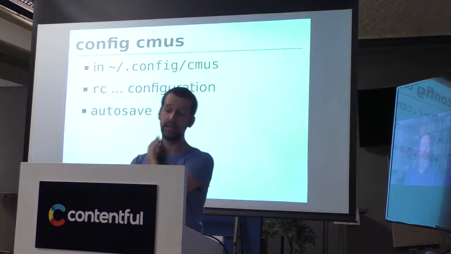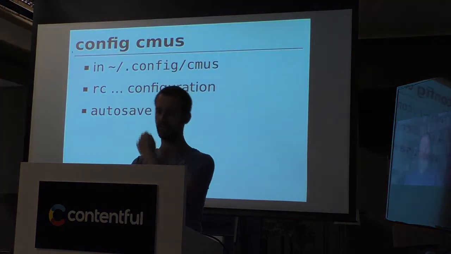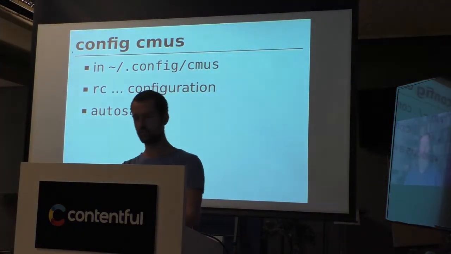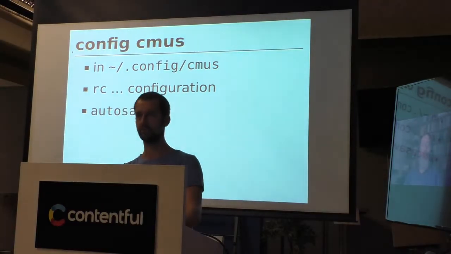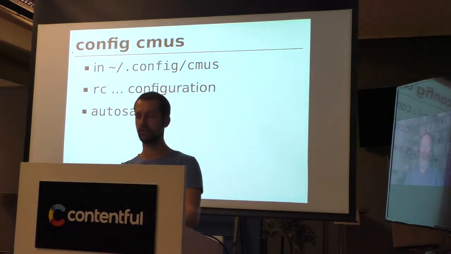Okay, so yeah, when you want to configure CMUS, you find all the configuration files in your home directory, config CMUS, as already mentioned here. And there's an RC file, which is basically the configuration file for CMUS.